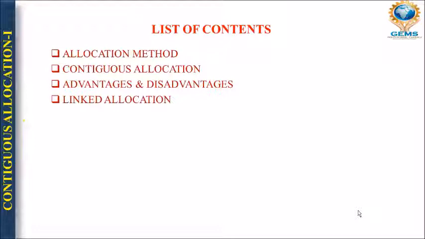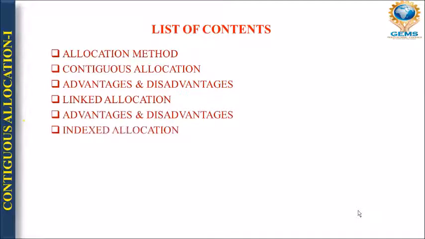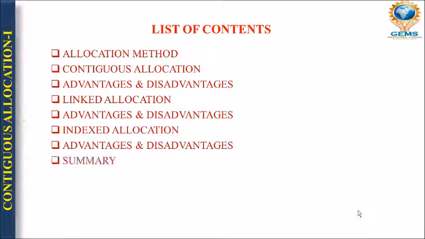Then I will discuss linked allocation, and after that its advantages and disadvantages. Next, I will explain index allocation, and after that some advantages and disadvantages. Then I will give you a brief summary of what we have studied so far in this video, and also provide you good references. So let's start with the video.